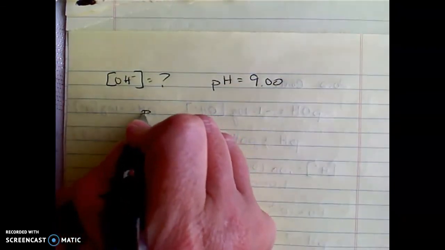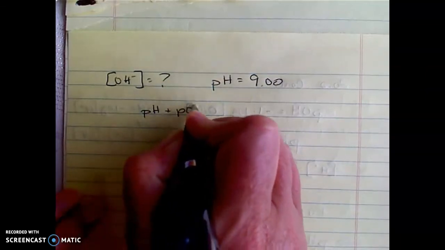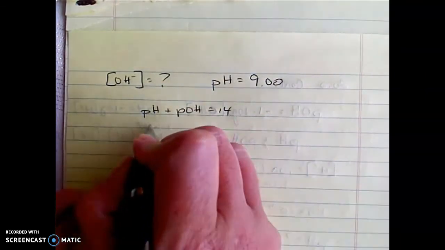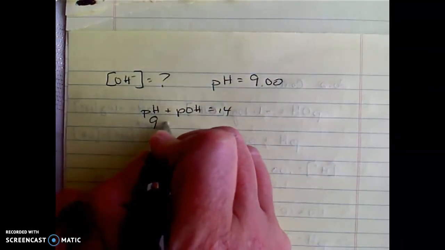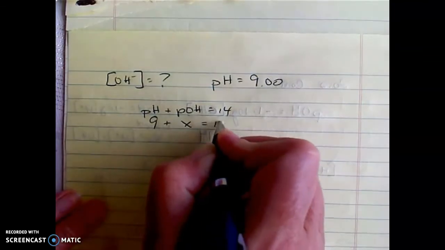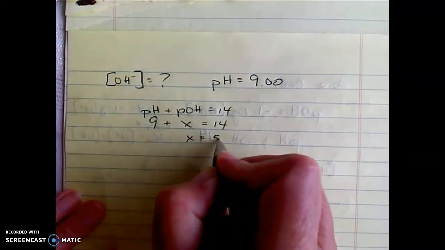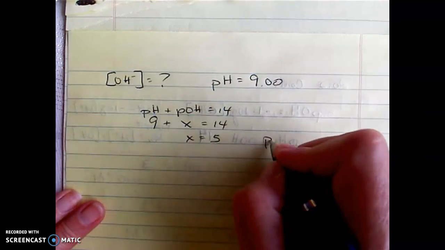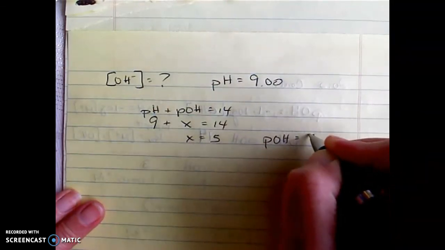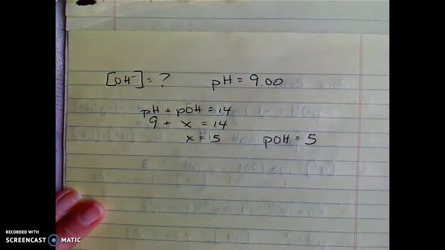I'm going to start with pH plus pOH is equal to 14. So I have 9 here. I don't know what this is, and this is 14. So I know that x is 5. So pOH is equal to 5. Okay.